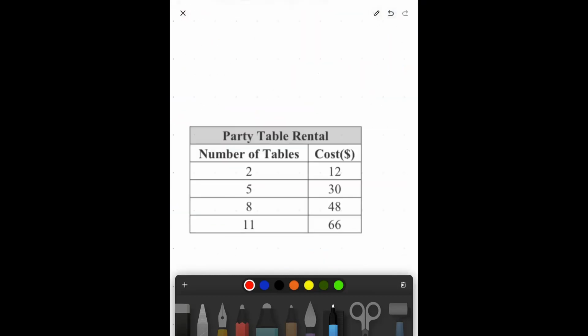All right, so now I'm going to look at table number 4. First thing I'm going to do is what we did before. The difference between 5 minus 2 is 3, 8 minus 5 is 3, 11 minus 8 is 3.